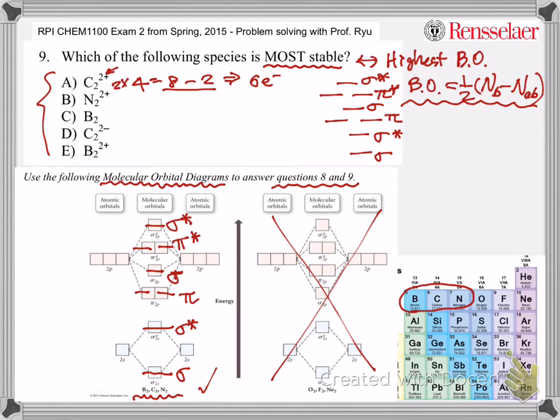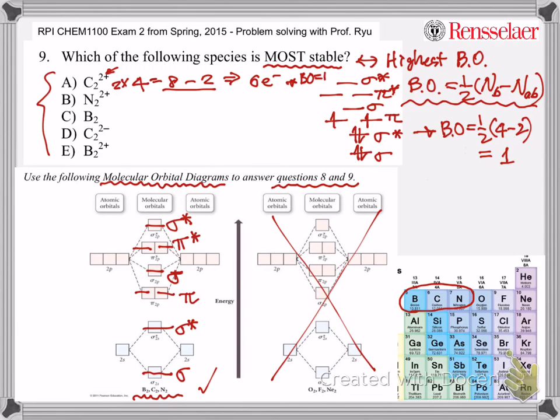Then I'm going to fill it up: 1, 2, 3, 4, 5, and 6. So my bond order for this case is half of, I have 4 electrons in the bonding orbitals, and there are 2 in anti-bonding orbitals. Therefore, this is a bond order of 1.